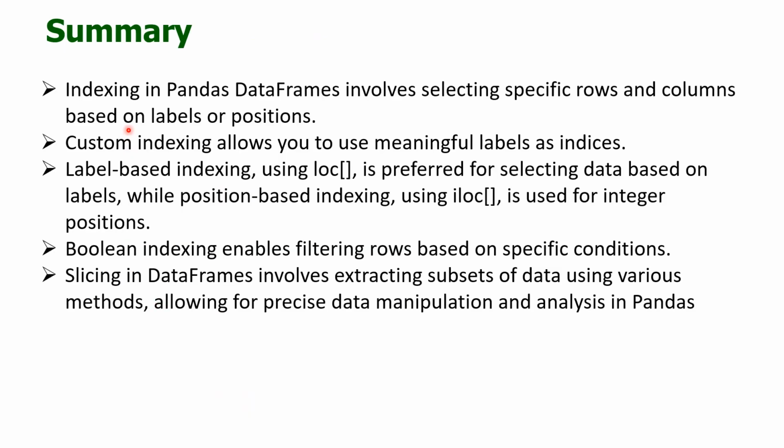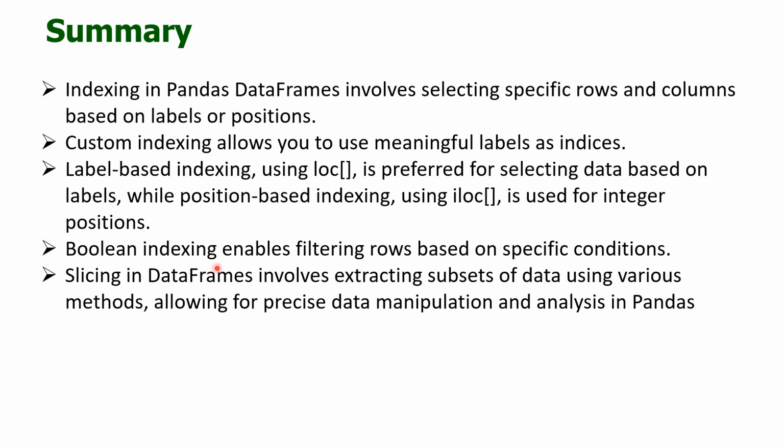With this we came to the end of this session, and now let us look at the quick summary. Indexing in Pandas data frames involves selecting specific rows and columns based on labels or positions, and custom indexing allows us to use meaningful labels as indices. We can use label-based indexing using LOC for selecting data based on labels, whereas position-based indexing is used for integer-based indexing, for which we have to use the function ILOC.